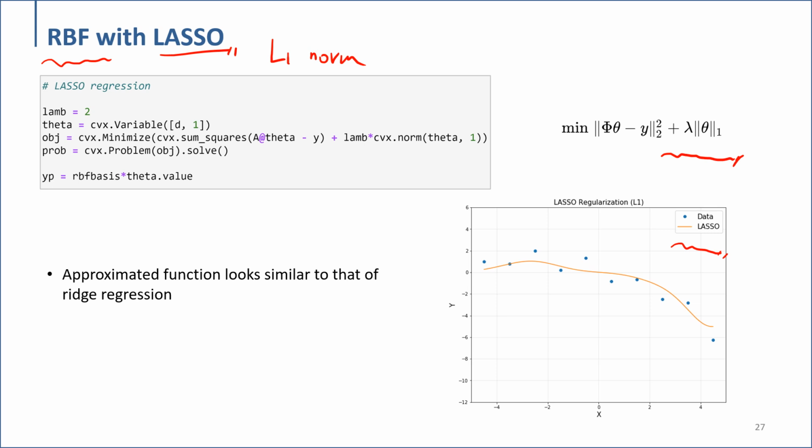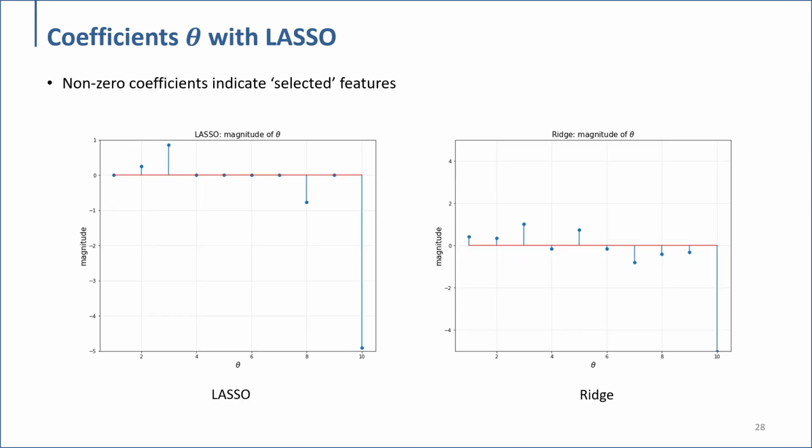The approximated function looks similar to that of ridge regression. And when you plot the coefficients with lasso, we can clearly see that some values are very small, and especially some values are exactly zero.